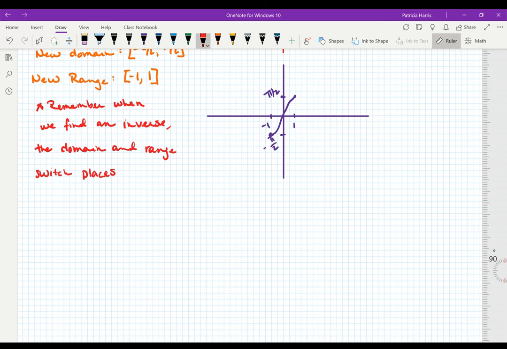So the domain of our inverse function is going to be, and our new range.